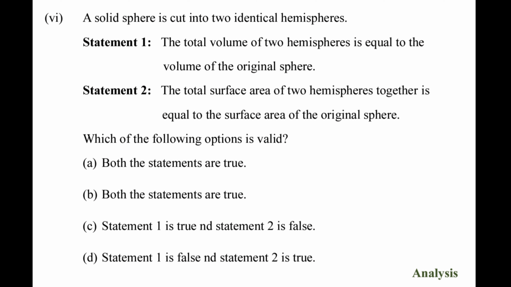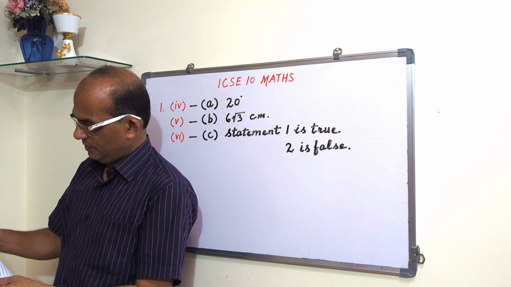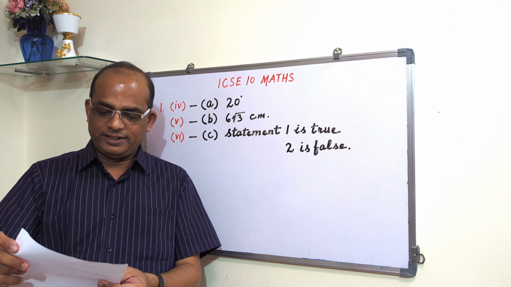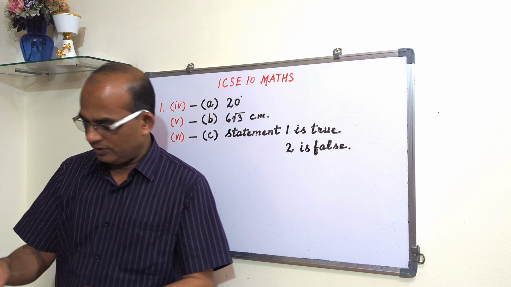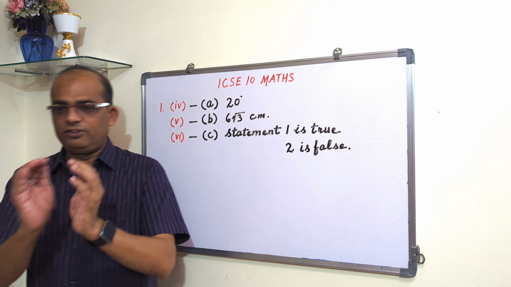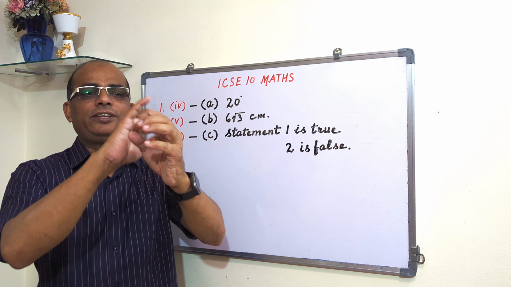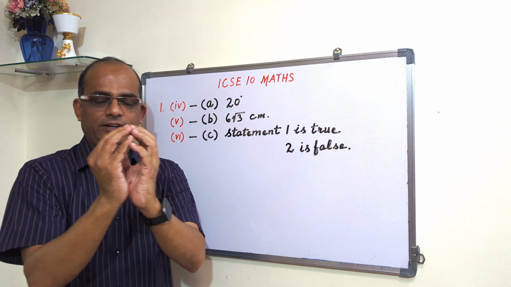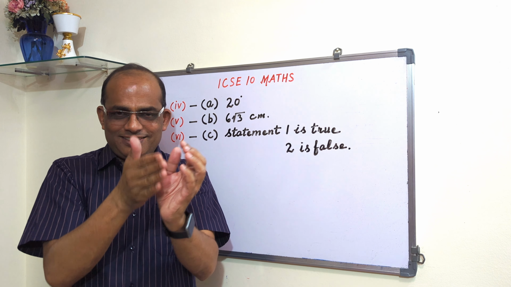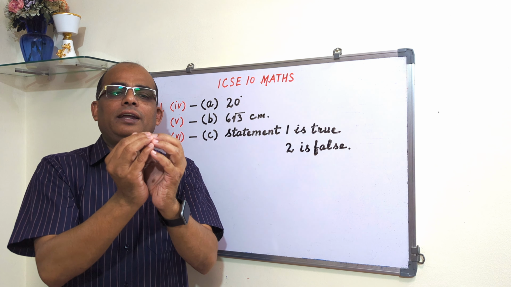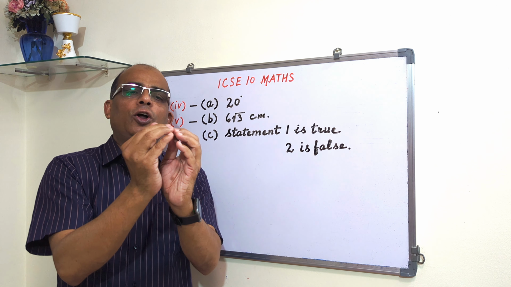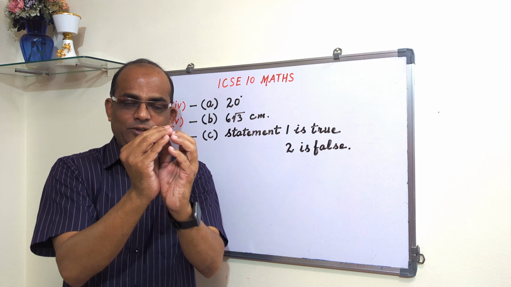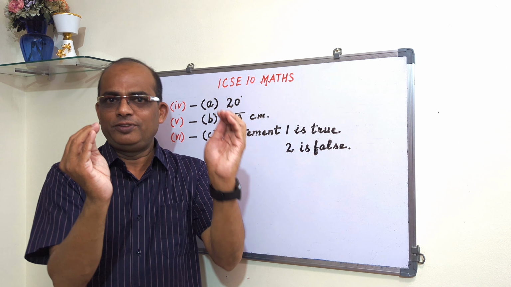Alright, let's see. A solid sphere is cut into two identical hemispheres. The volume of two hemispheres and the total surface area of the two hemispheres. This is a solid sphere, a three-dimensional figure, not a circle. If you cut it into two pieces, like when you cut an apple into two pieces, the volume of this part is equal to the volume of this part.